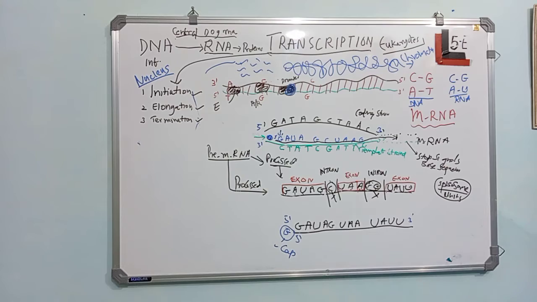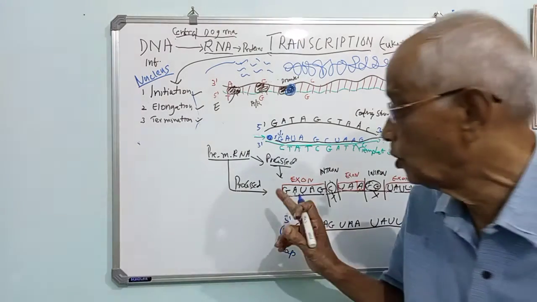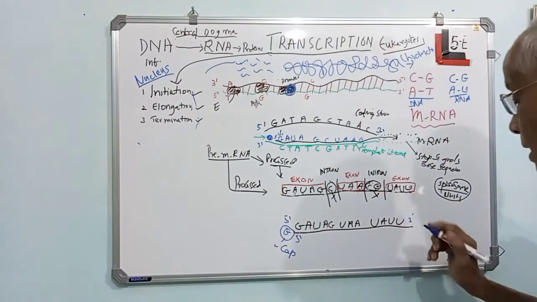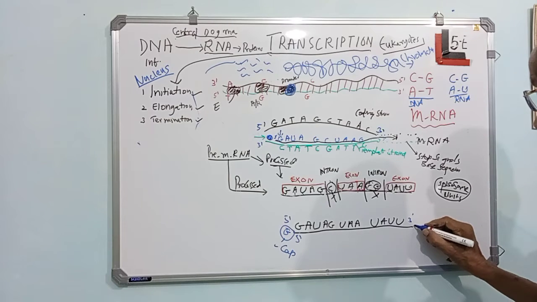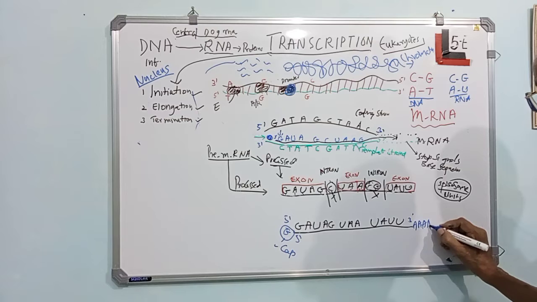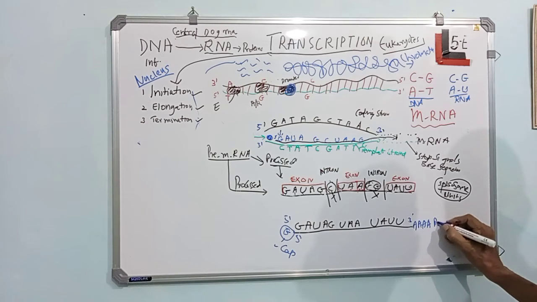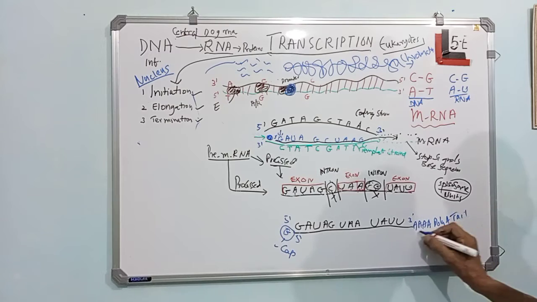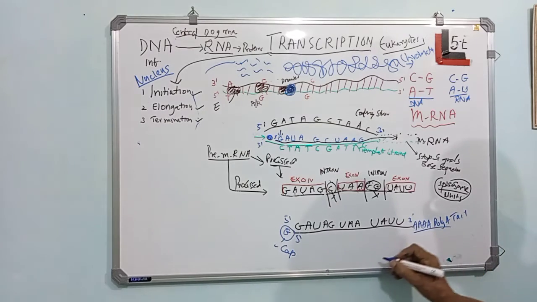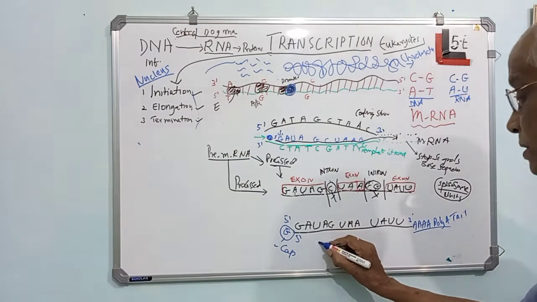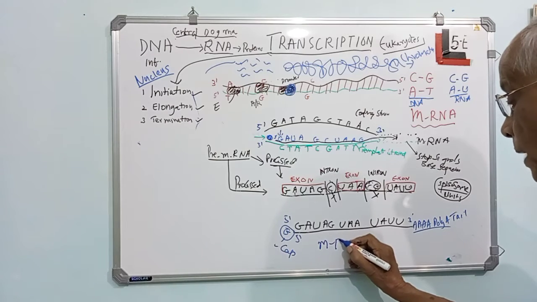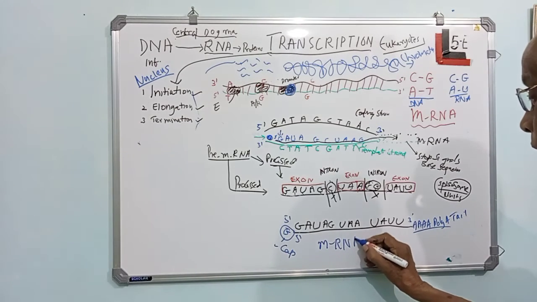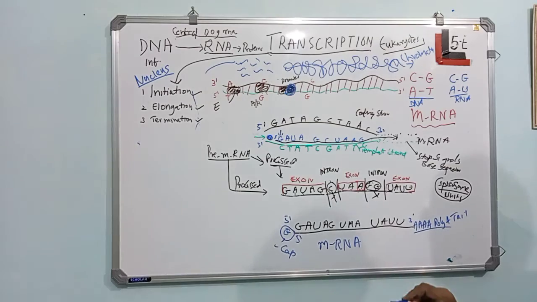Now we have added the cap. Now at this end, you get a chain, it's called a poly-A tail. We get a tail also added here. So now this becomes a complete mRNA that is ready to go out of the nucleus.